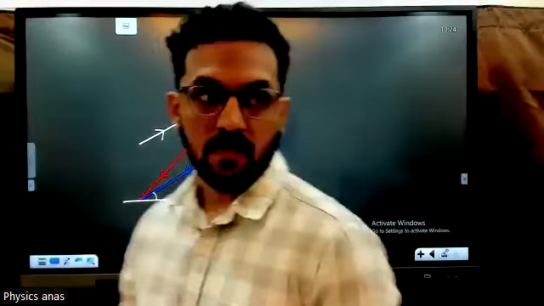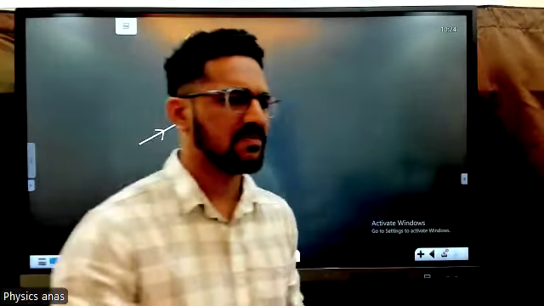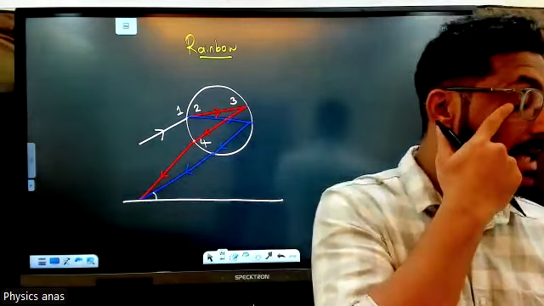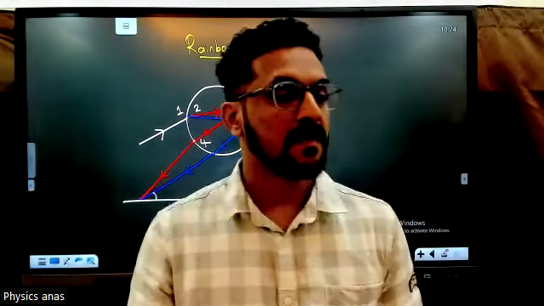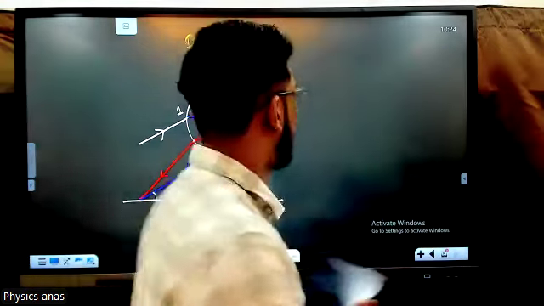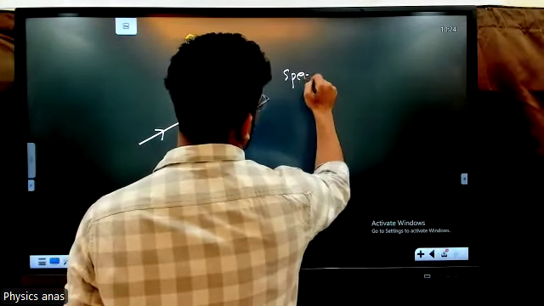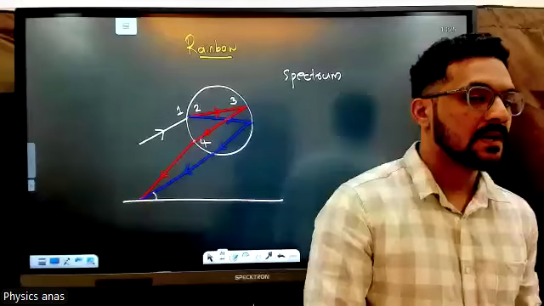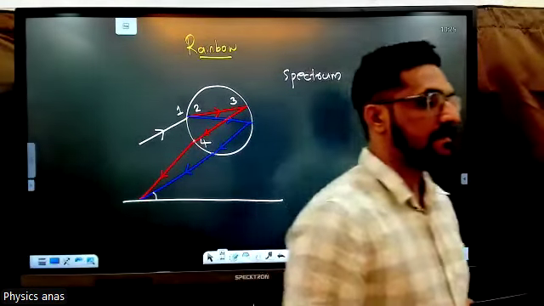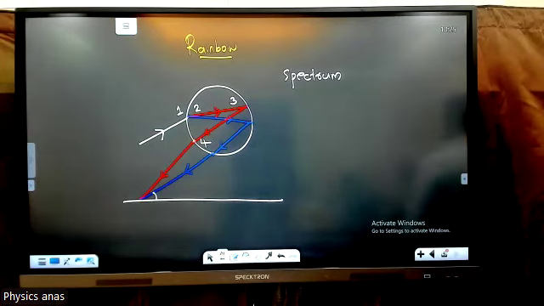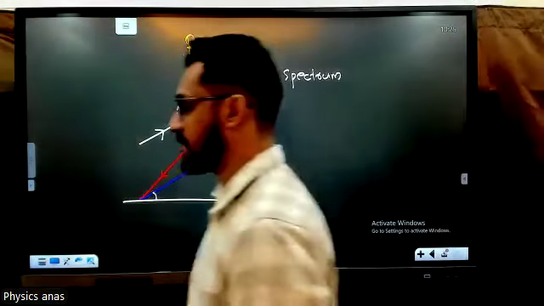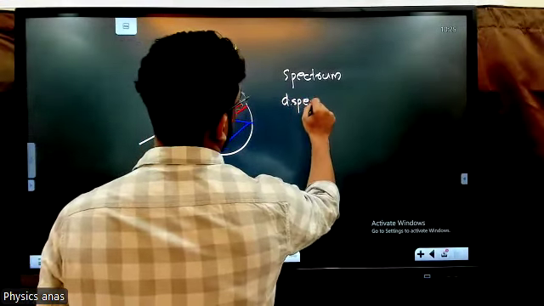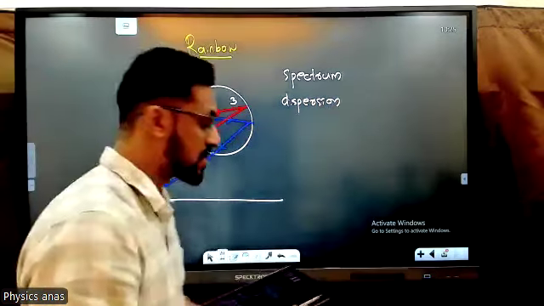You can write, what is rainbow? A natural spectrum produced by the dispersion of light.